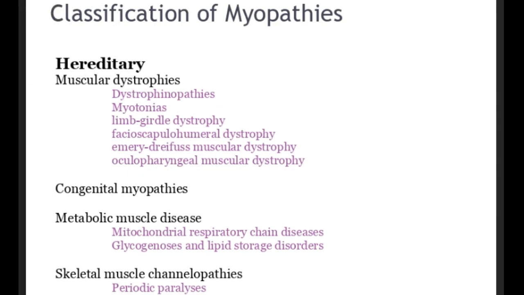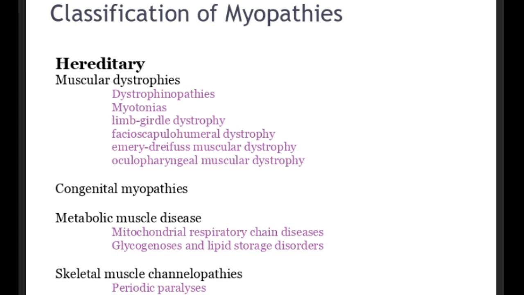Now, classification of myopathies. Hereditary: muscular dystrophies, including dystrophinopathies, myotonia, limb-girdle dystrophy, facioscapulohumeral (FSH), Emery-Dreifuss muscular dystrophy, and oculopharyngeal muscular dystrophy. Other types of hereditary myopathy are the congenital myopathies, and then metabolic muscle disease like mitochondrial respiratory chain disease, glycogenosis and lipid storage disorders.